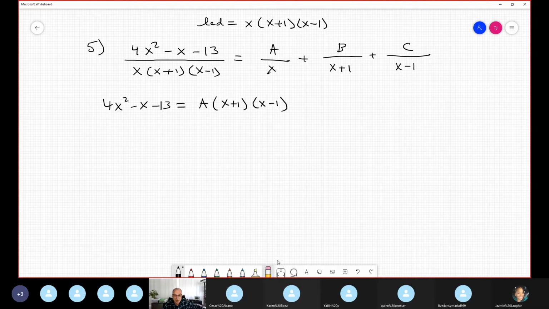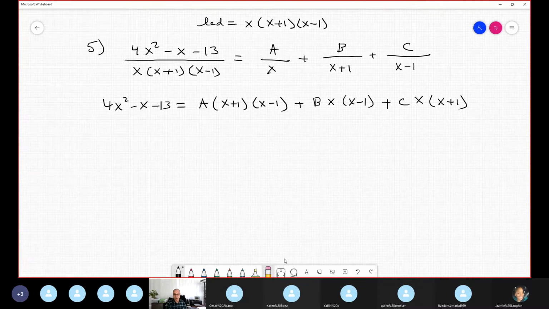I suppose you understand: when you multiply this guy times this guy, x is cancelled out and this factor stays alive, multiplied by the coefficient A. Likewise, B times x, much better, B times x minus 1, plus C times x plus 1.